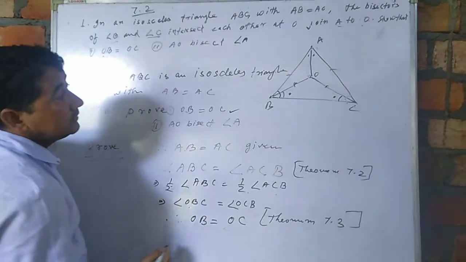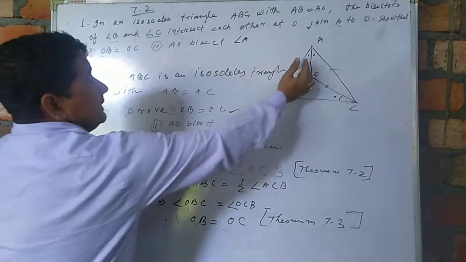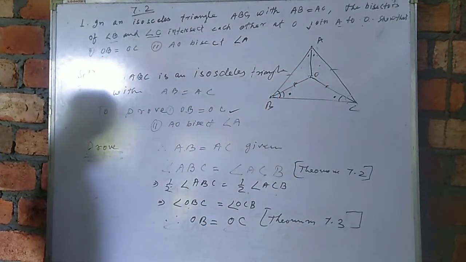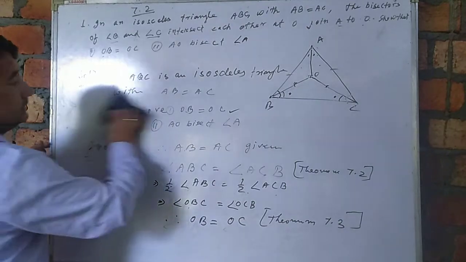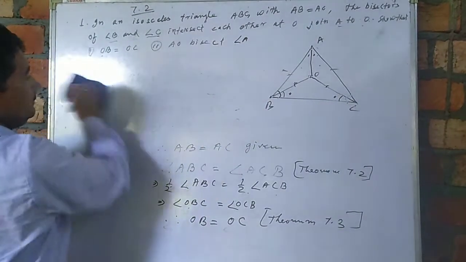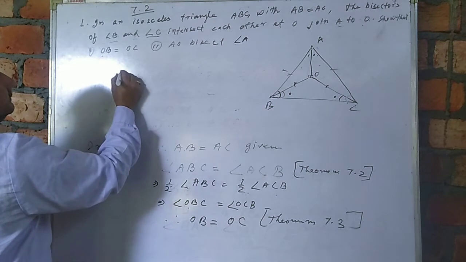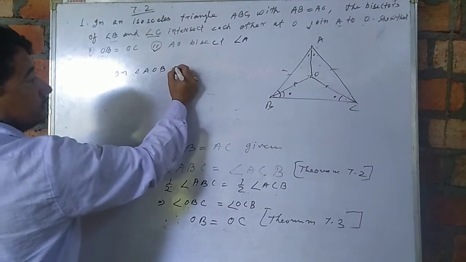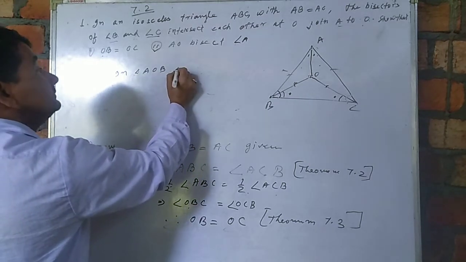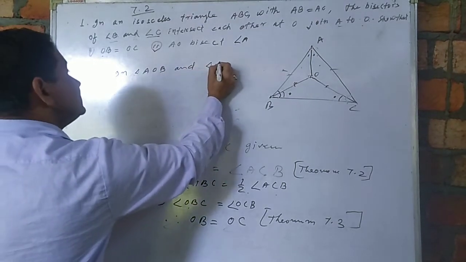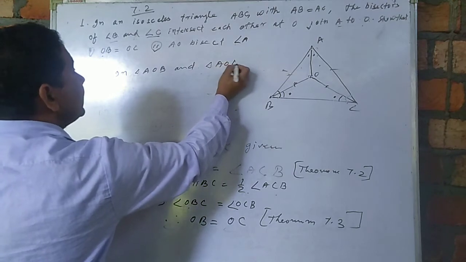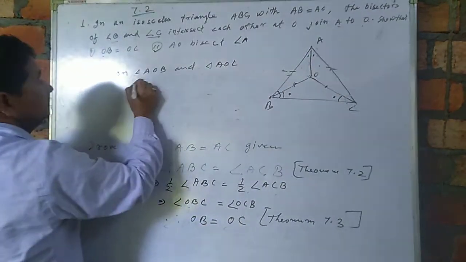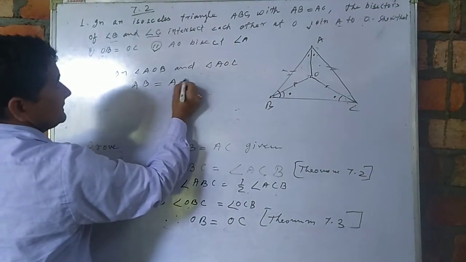And now we have to prove that these two angles are equal. So we can consider these two triangles. In triangle AOB and triangle AOC, look, these two sides are equal: AB is equal to AC is given.